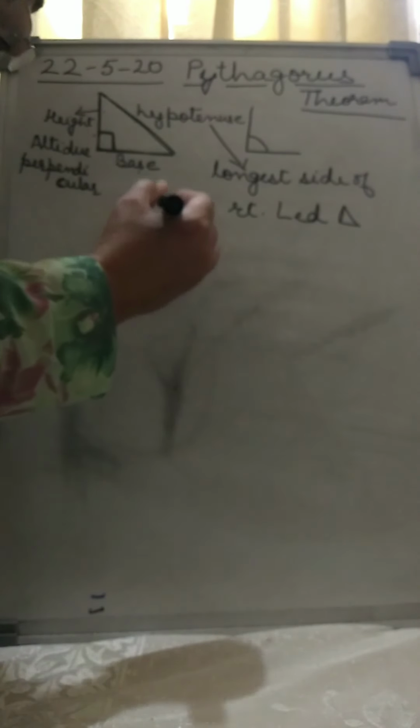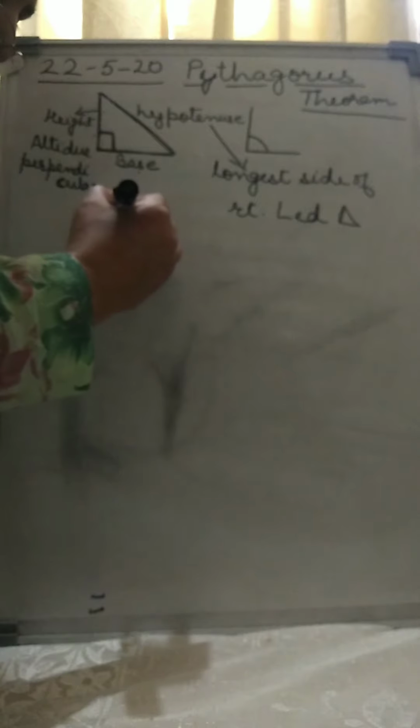Now how to use this property in your questions? One simple example I'll give you. The sum of squares: when I multiply height into height plus base into base, this is equal to hypotenuse into hypotenuse.